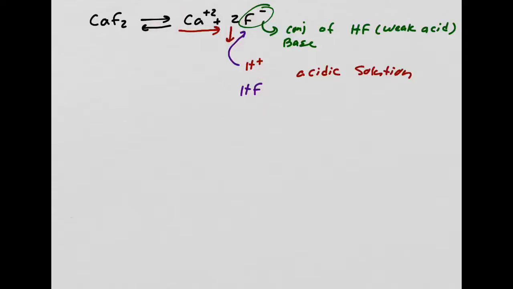So it shifts the reactant towards product, which means this is going to dissolve more and more and more, and that is going to increase the molar solubility. Again, it's not quantitative. I just want you to know the concept of this.